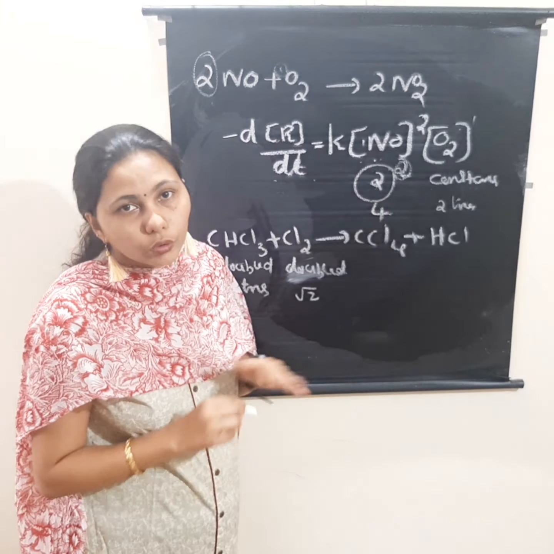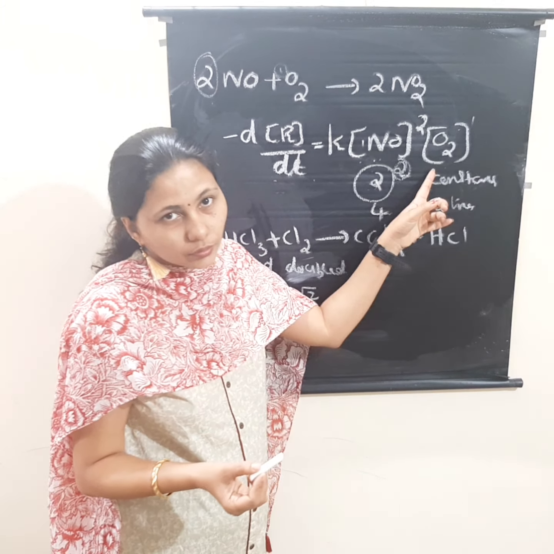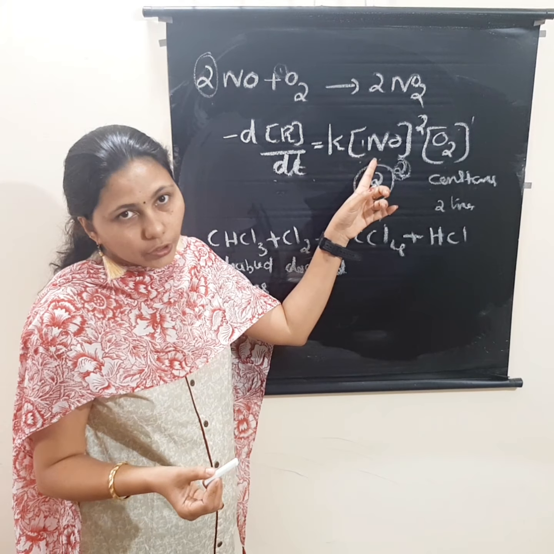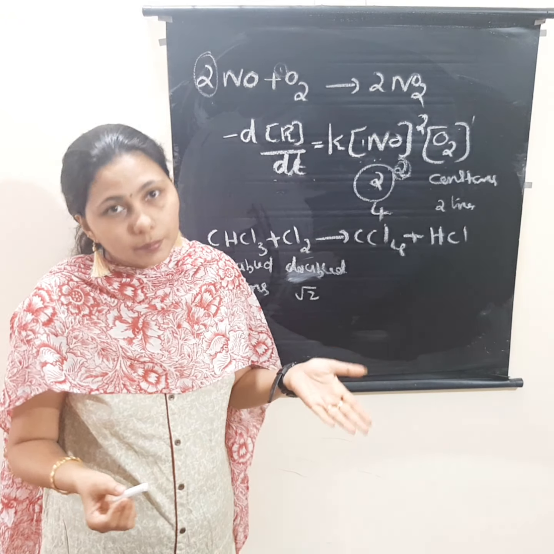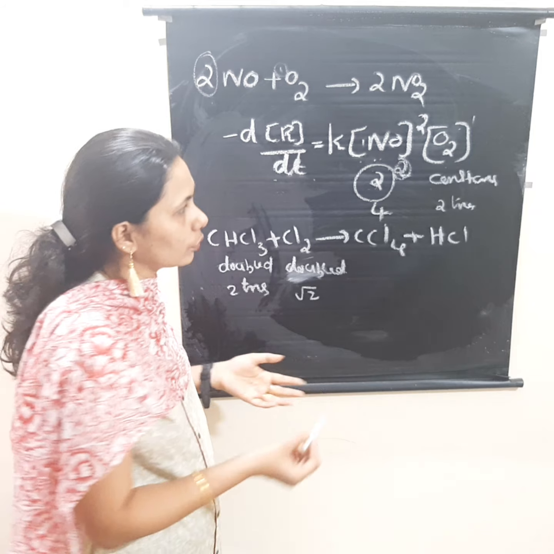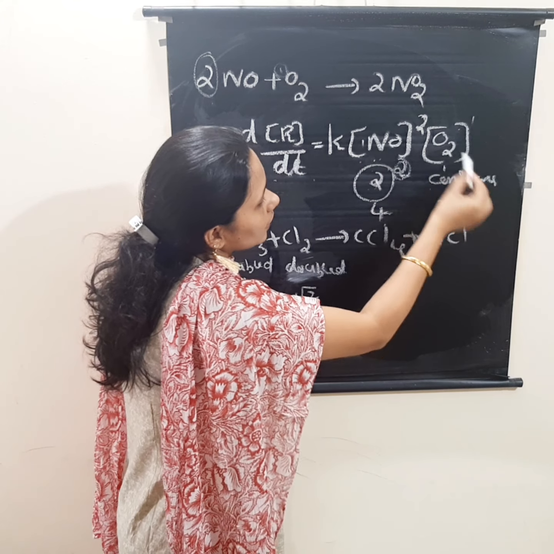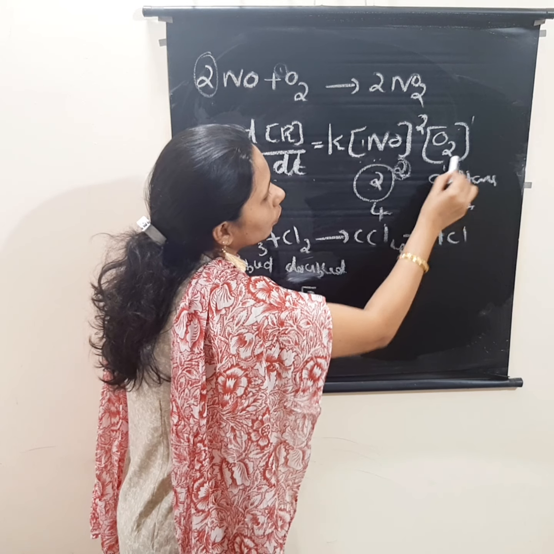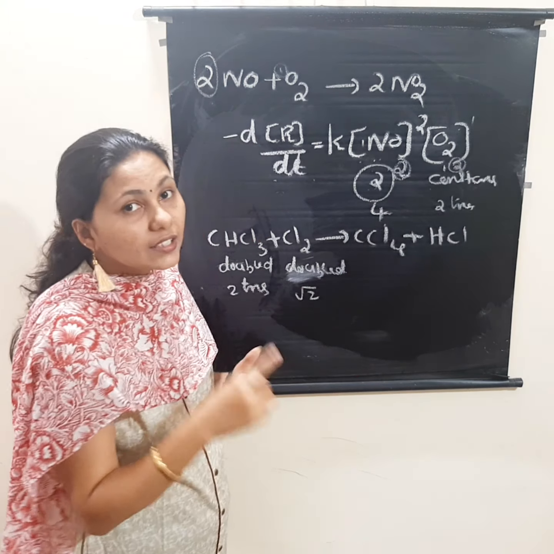Next, they doubled the concentration of oxygen, keeping the concentration of NO constant. So the reaction rate increased 2 times. We know it was 1, it is doubled so it becomes 2, and the reaction rate increased 2 times.